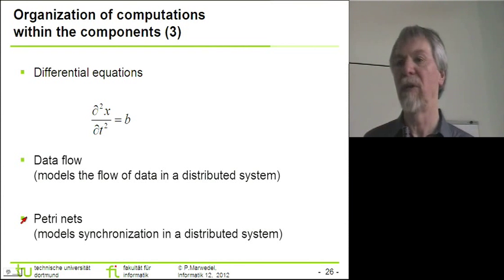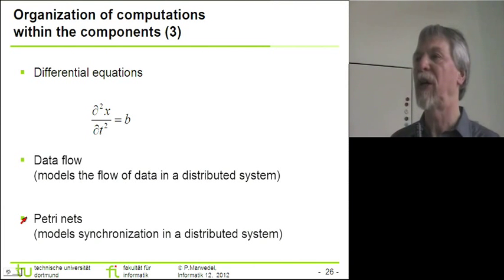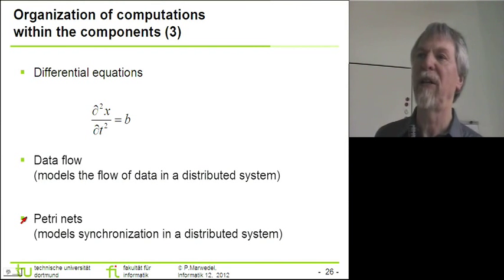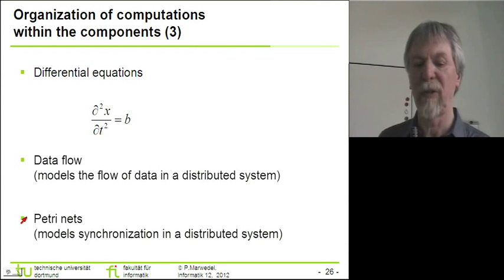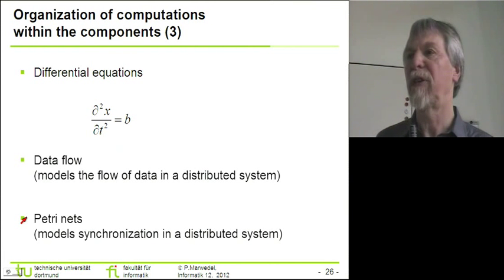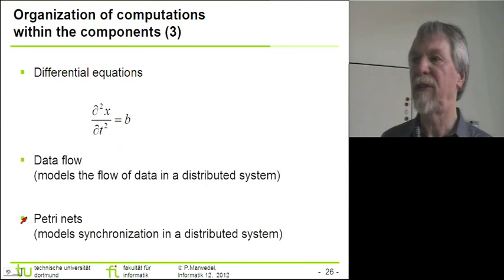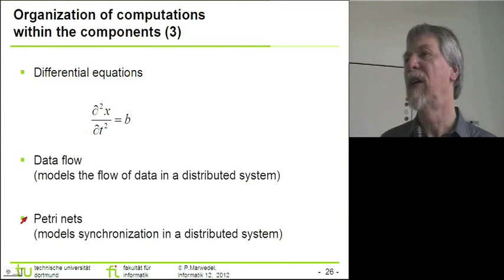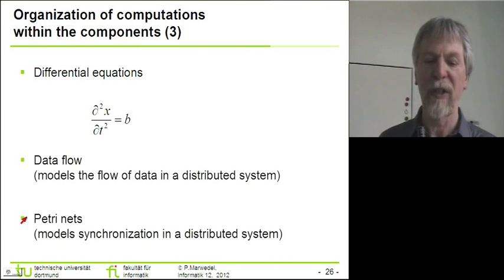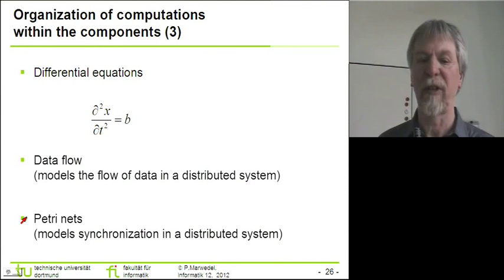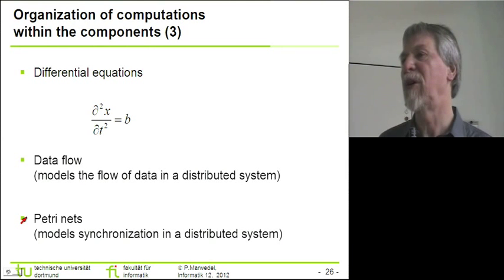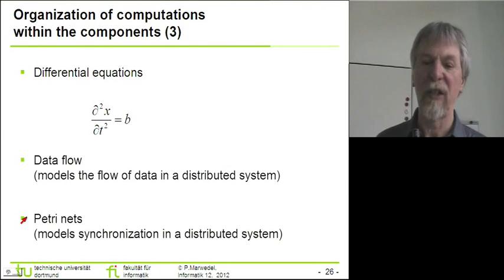Also, we can be using Petri nets, which are models that focus on dependencies between certain activities. If the focus is just on dependencies, then Petri nets are in many cases more convenient than other models, like, for example, data flow models. So we see that there are quite a number of ways in which we can describe the computations in these components.